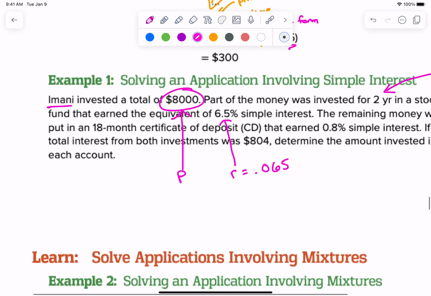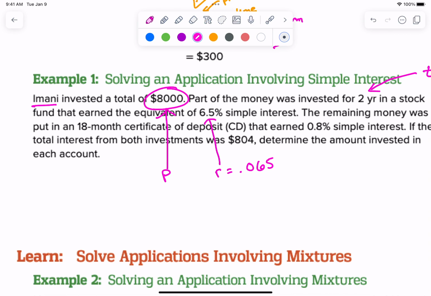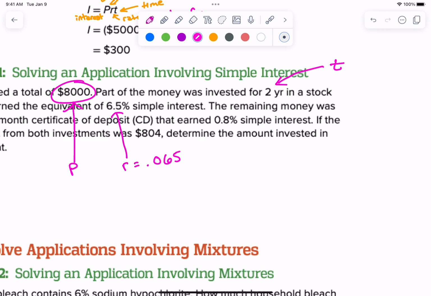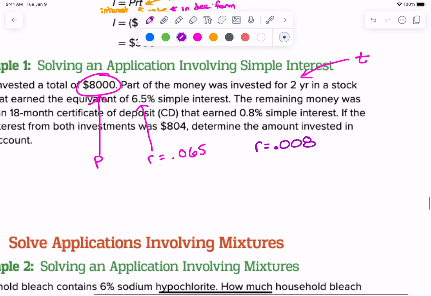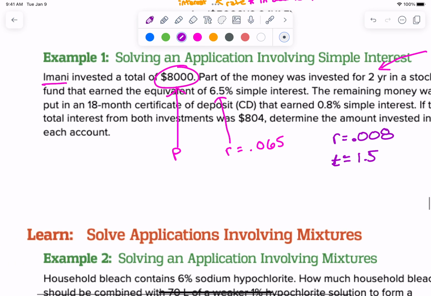Part of the money was invested in that, and part of the money was put in a certificate of deposit. The other one is 0.8%, so the other R is 0.008, for 18 months, which is 1.5 for the time. Okay, an 18-month CD at 0.8% interest.